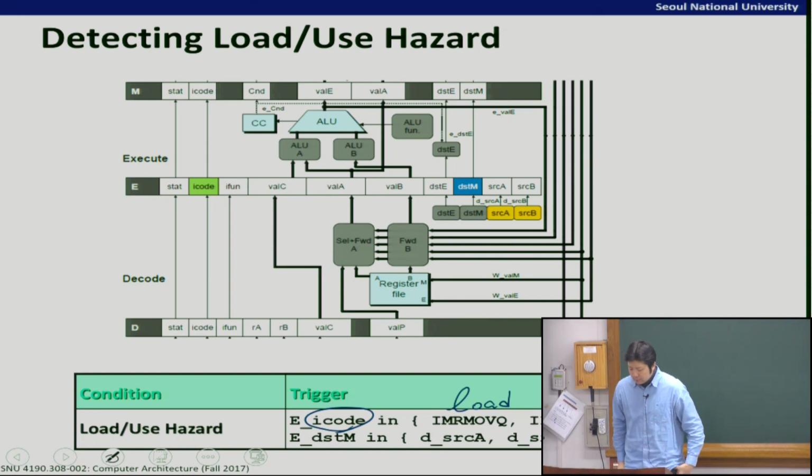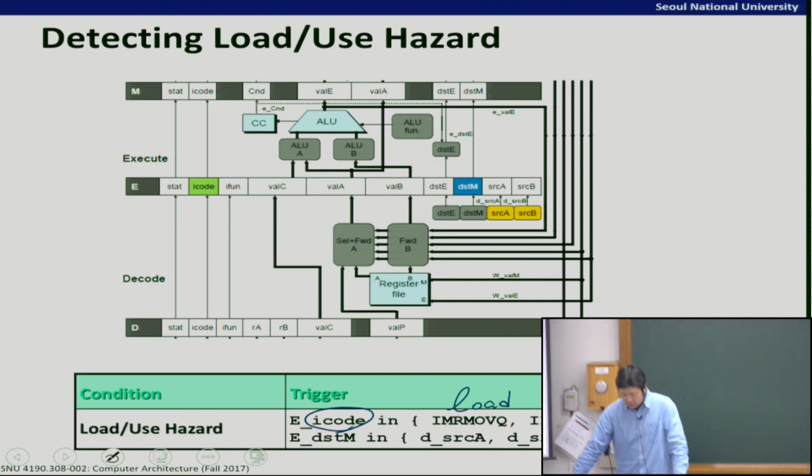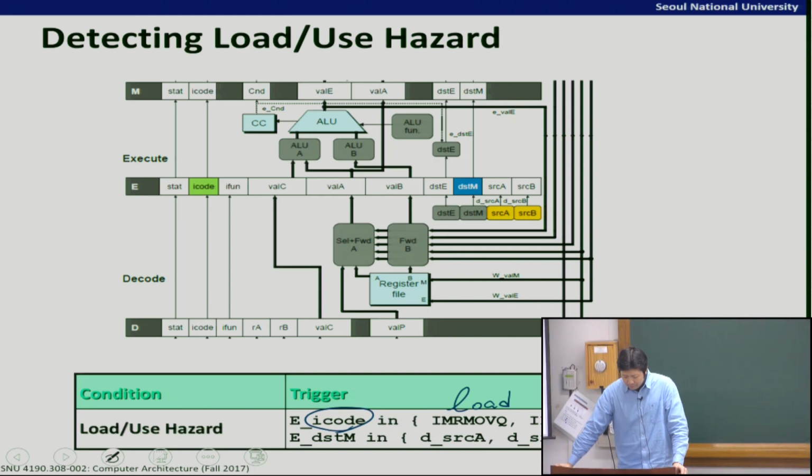So if the producer instruction is either a load or pop, and the destination register matches one of the following source registers, then we find this is a load use hazard.